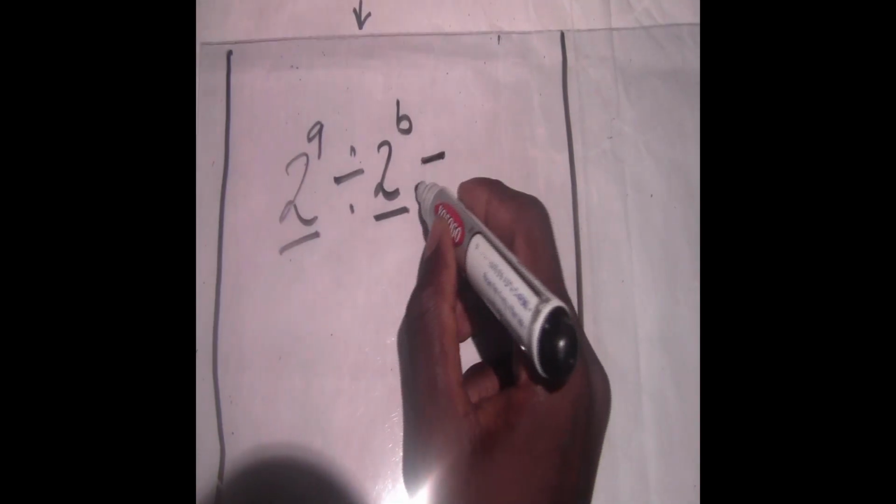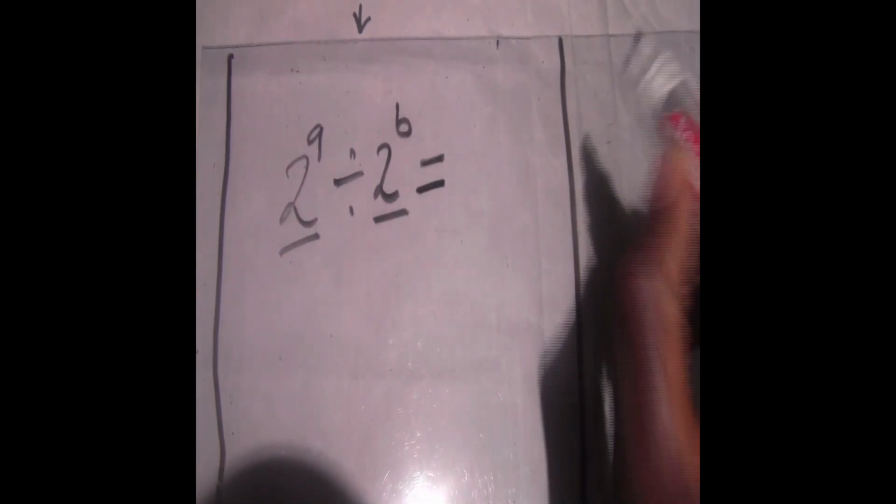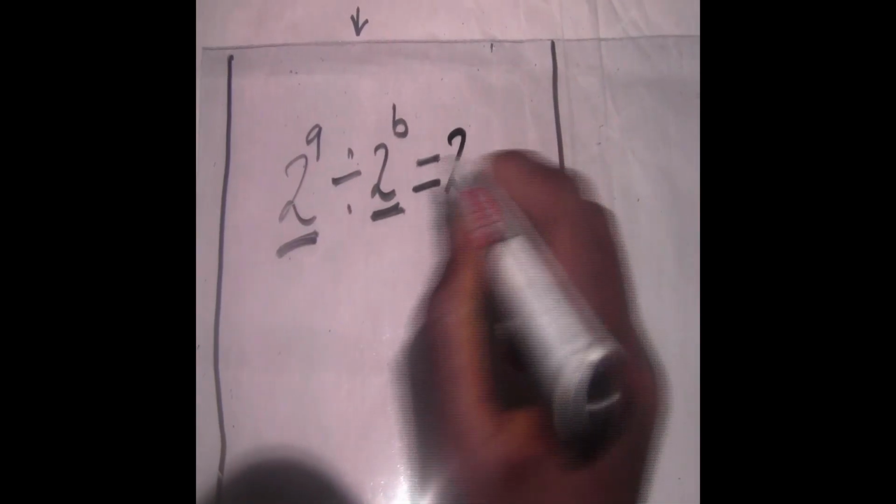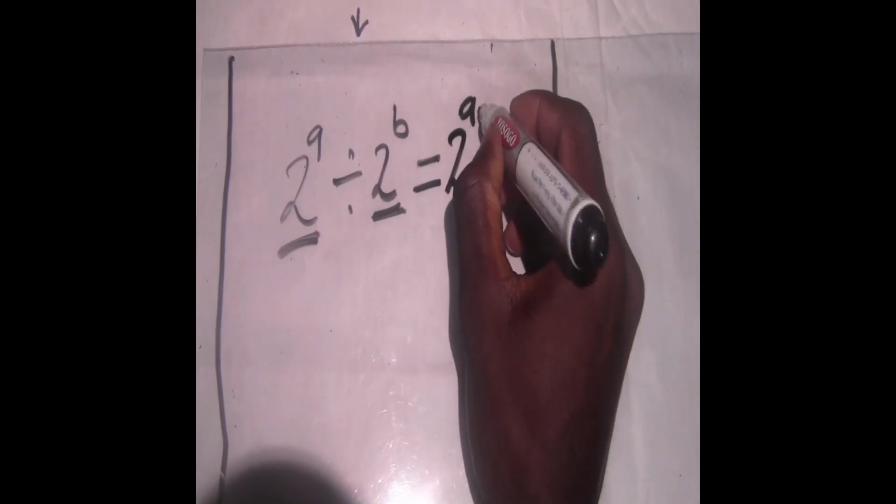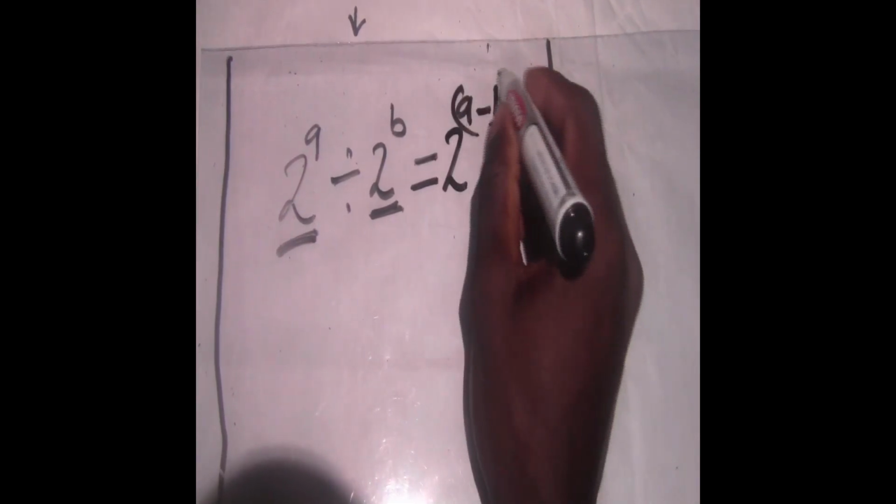Our next case is division of indices. When you're given 2 raised to power a, divided by 2 raised to power b, when it comes to division, you subtract the indices. Because our base is 2, it's going to remain 2. But on the indices, we are subtracting them, a minus b. That's the answer.